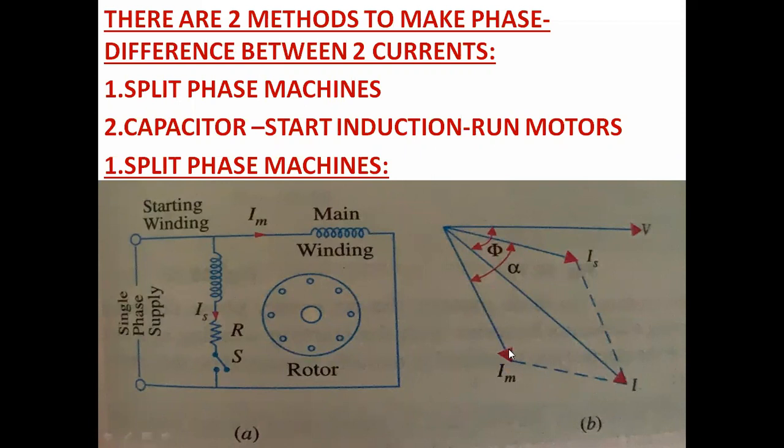The main winding current has a large phase lag with V. After that I am adding the starting winding, which has a current IS. If you see this, you will get the point that these two have a phase difference of alpha, right? And the resultant is I.